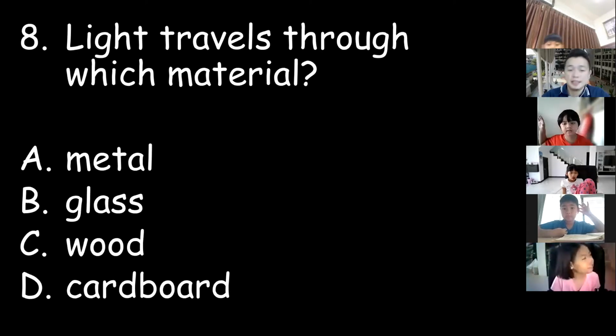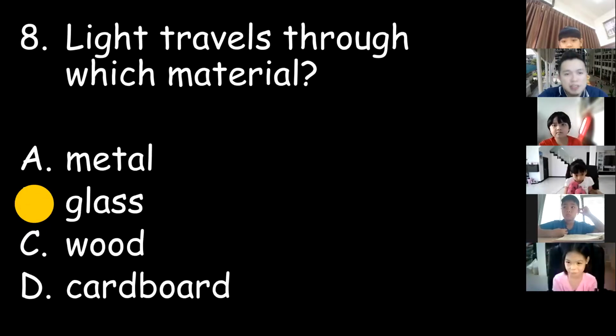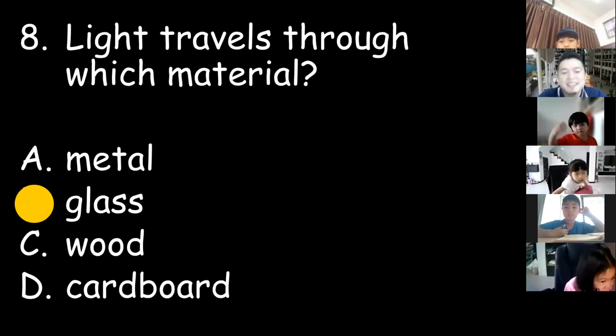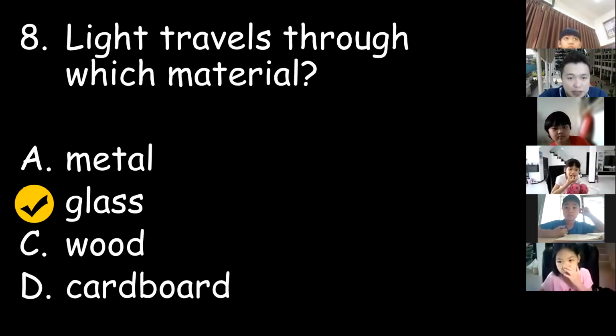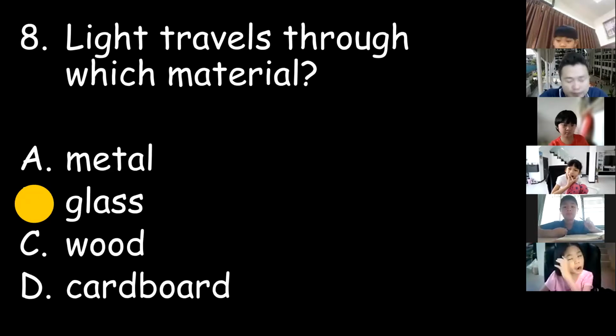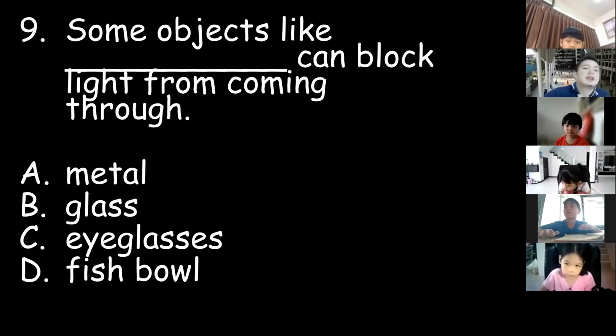Letter B, glass. Light travels through glass. Very good. Because in metal, the light cannot travel. In wood, cannot. In cardboard, cannot as well.